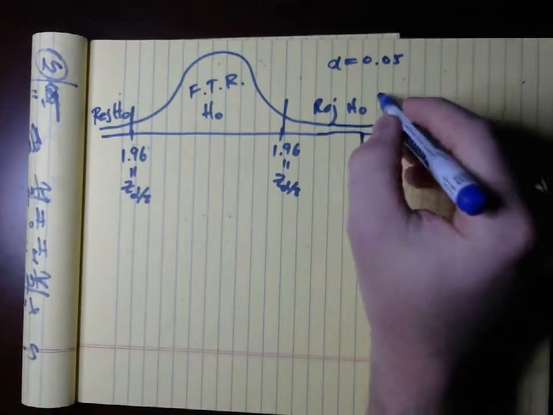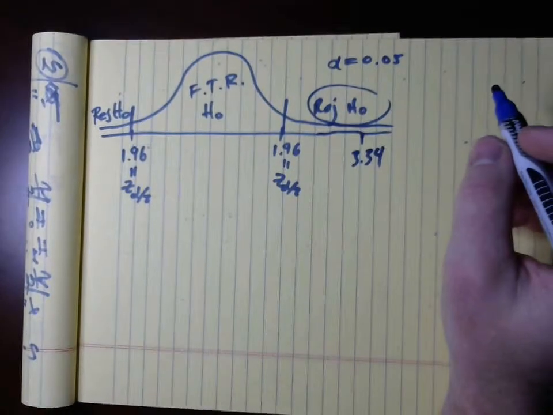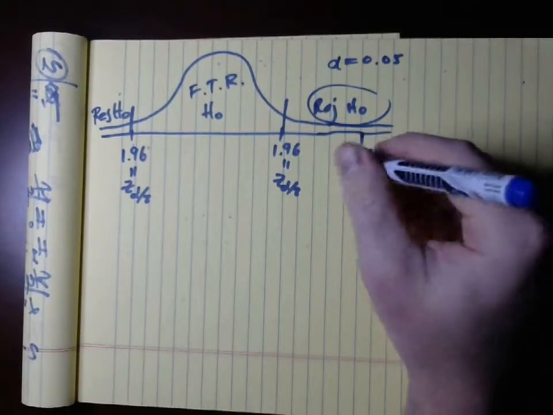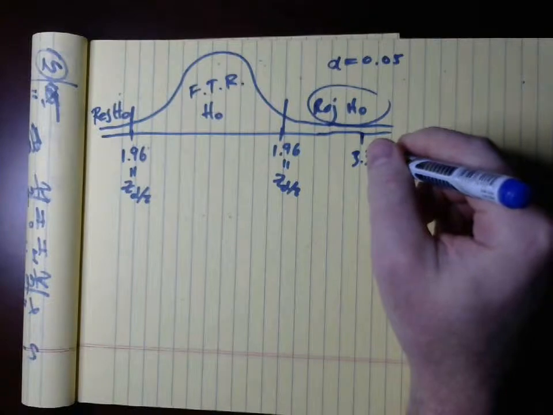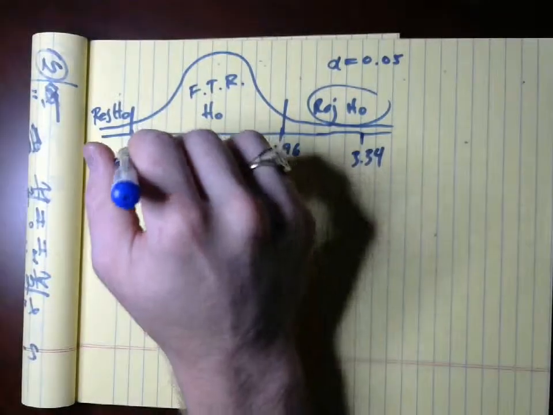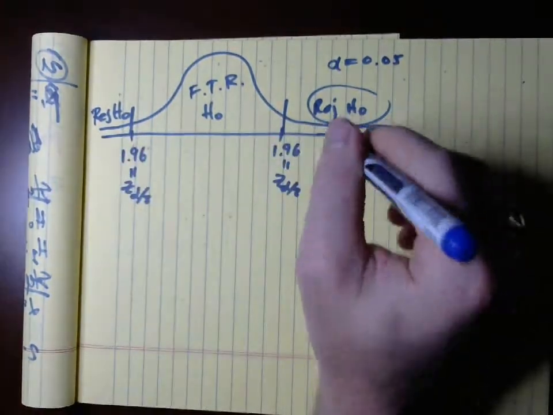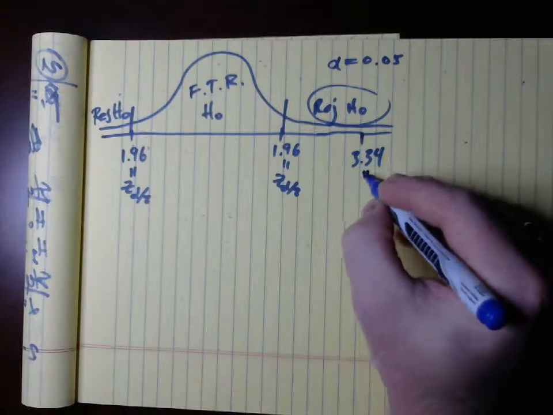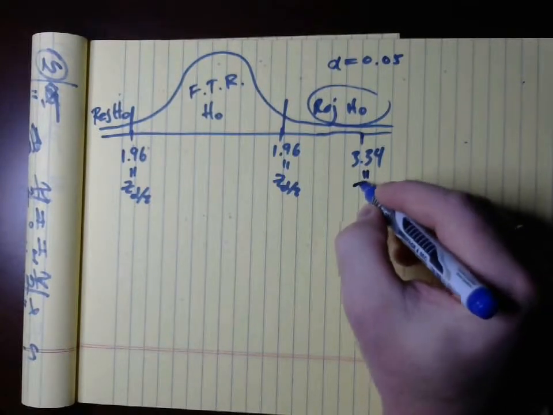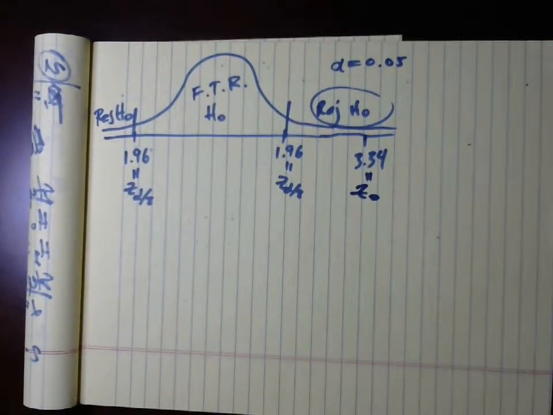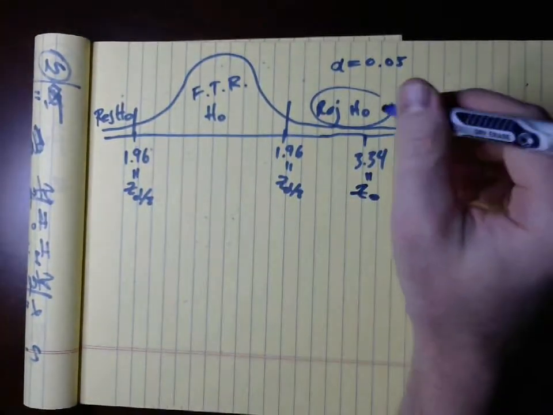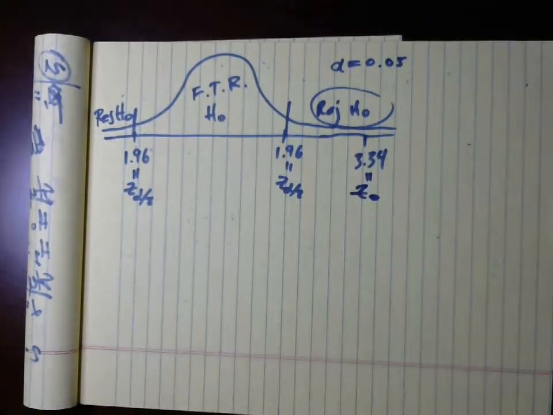So obviously we reject H naught, since we noticed that 3.34 is not in between these two values. And so this is, again, Z naught, or test statistic. So we reject H naught, and step 5 is to state the conclusion.